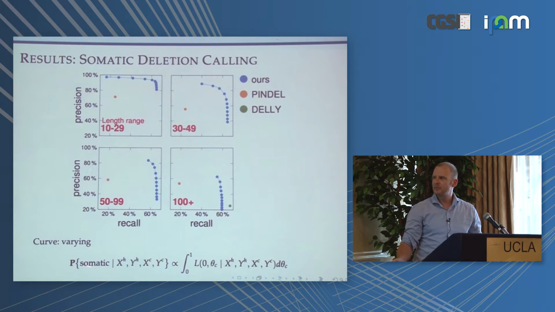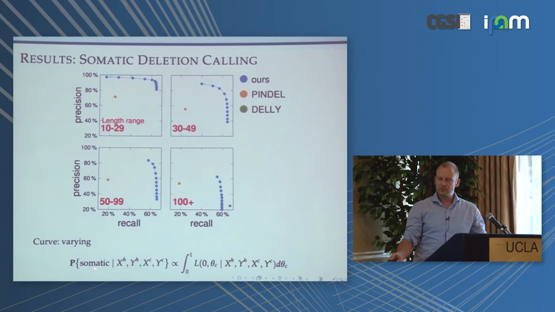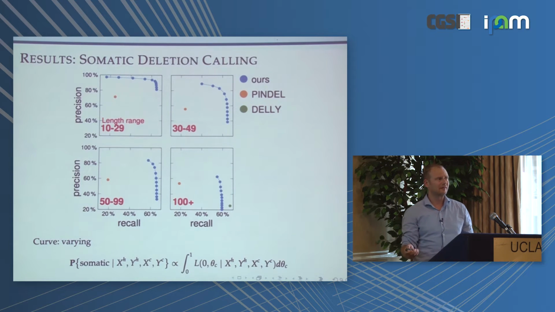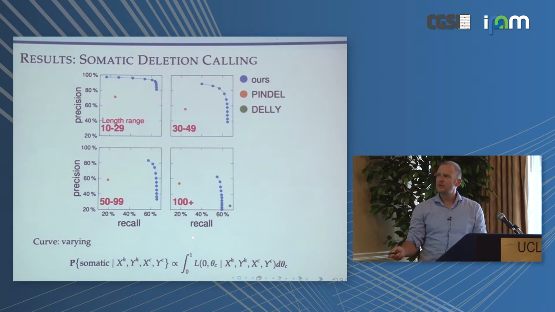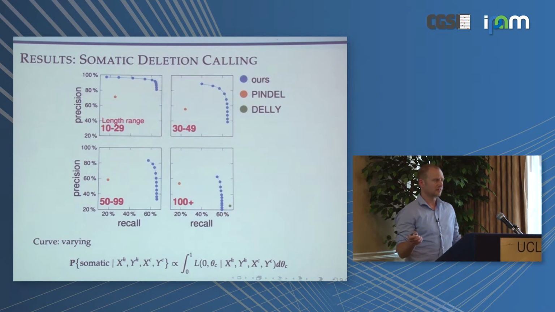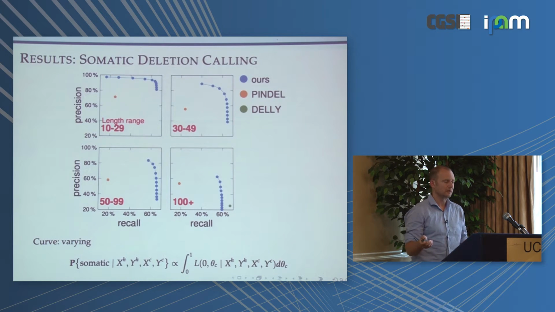If you vary the probability and filter out possible somatic variant calls by requiring that their probability has to be at least a given threshold, by raising this we certainly lower the recall because we filter out ever more variants. So the curve is going to the left. This is natural. You cannot avoid this.